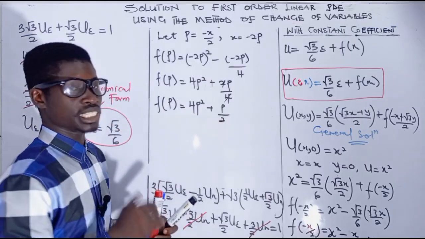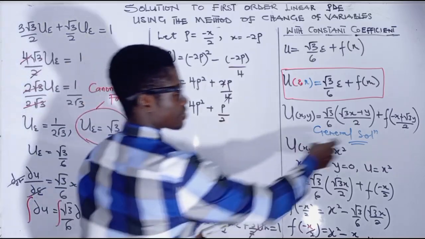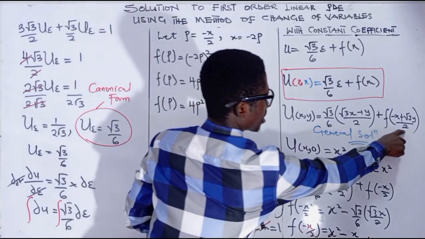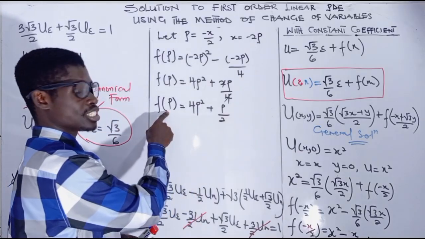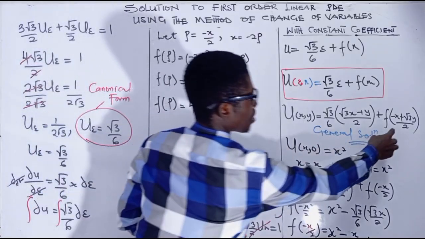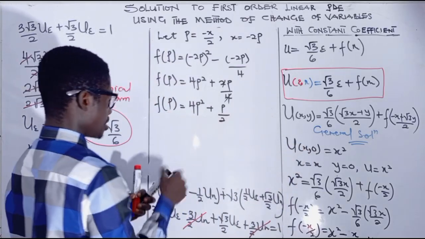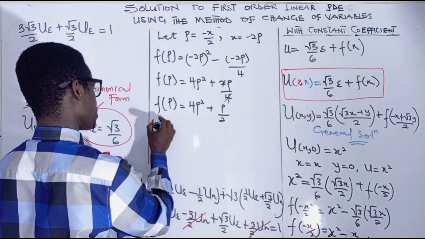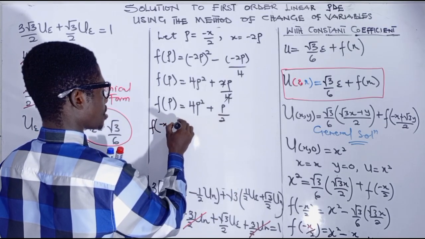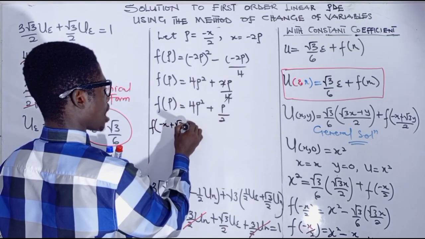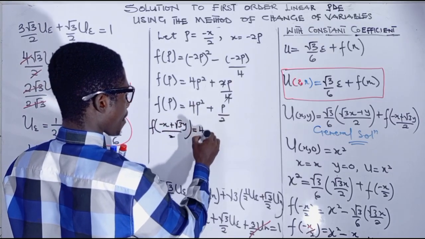So at this point, we are going to go back to the general solution and search for f, the function. So this is f. What is in the function in the general solution, we are going to write it to replace p. So we are going to write the whole of this to replace p. So we have f at minus x plus root 3y all over 2 is equal to 4.